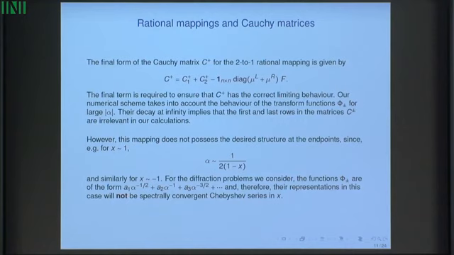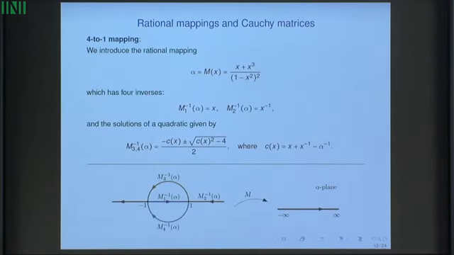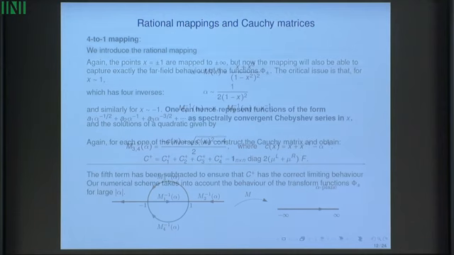But what we can do is consider a 4-to-1 mapping, which has this form here. This mapping has 4 inverses, shown here. So you have x, 1 over x, and then these points along the unit disk. All these are mapped to the real axis.